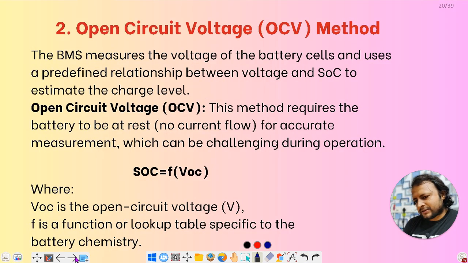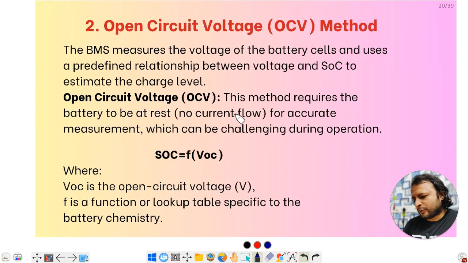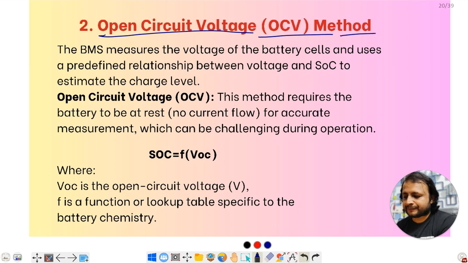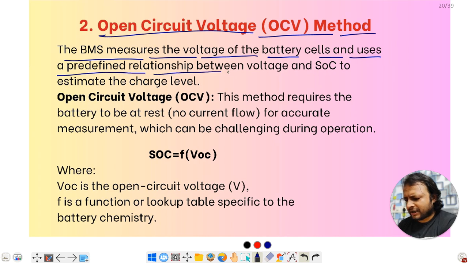And next we go to the open circuit voltage method. So the second method of SOC estimation is the open circuit voltage method. In this method the BMS measures the voltage of the battery and cell, and uses a predefined relationship between voltage and SOC to estimate the charge level.